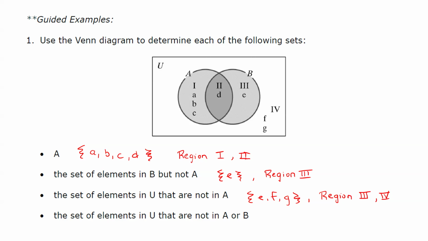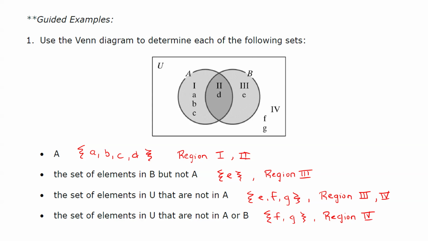So we want the elements that are not inside those circles. And the only elements that are not inside those circles, but inside the universal set, would be F and G, which is region number 4.